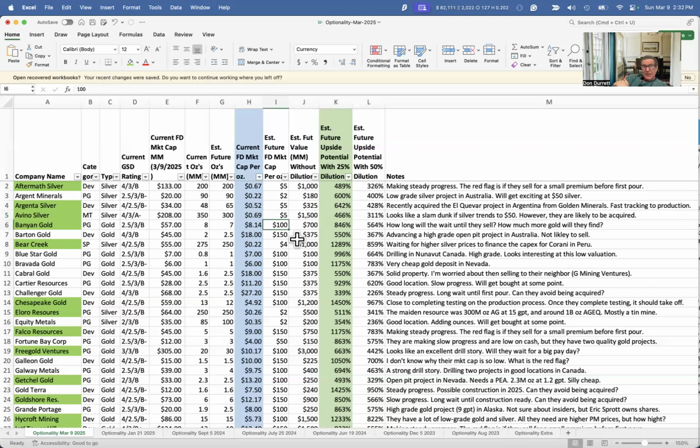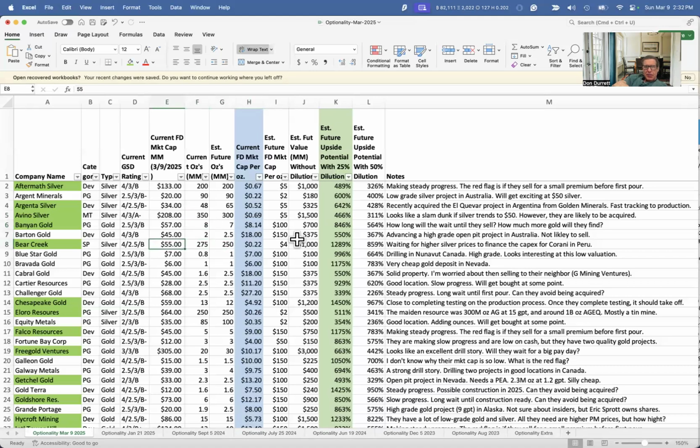So the chances are pretty good you're going to get a 3, 4, 5 bagger out of Banyan. Plus, it's probably growing. I only have it at seven, but they think it's going to grow to 10 or 12. So my seven number here is probably too conservative. But yeah, I like Banyan a lot.